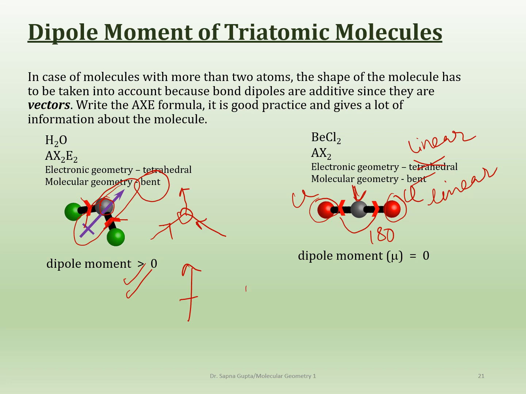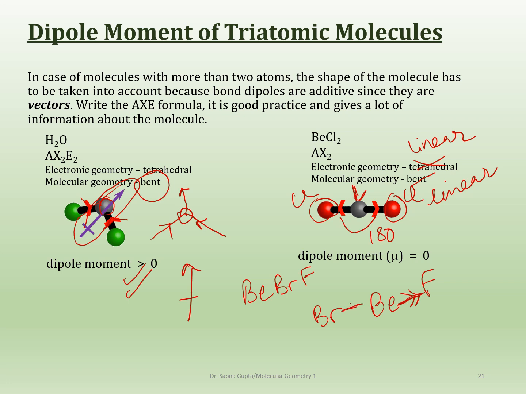Now, if I were to change that, for example, if I had something like BeBrF, which looks kind of weird, but this is really what I'm trying to say, that if I were to switch out the atoms from 2 chlorines to 1 fluorine and 1 Br, well, now things are a little bit different. So even though this is linear, fluorine is way more electronegative than bromine is.